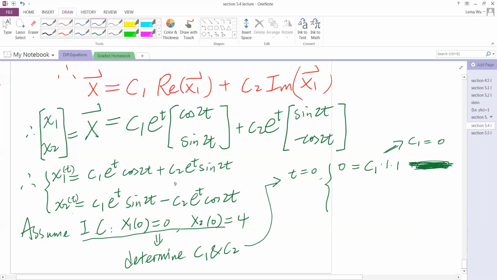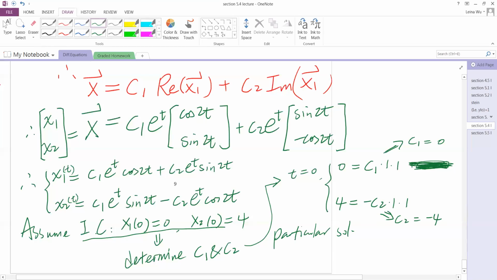For the second initial condition, we can get an equation: x2 at 0 would be 4. This part vanishes because sine 0 is 0, minus C2. So negative C2 e to the 0, which is 1, cosine 0, which is 1. So I get C2 is negative 4. So you can get a particular solution, right?